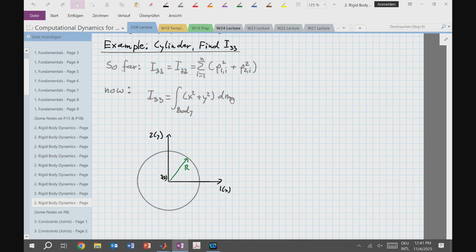And the most important assumption here is that the body is homogeneous with homogeneous density. So I can make a direct relationship between volume and mass. And with that, I could go ahead and think of a little element that looks like a square, but remember, there's a cylinder.